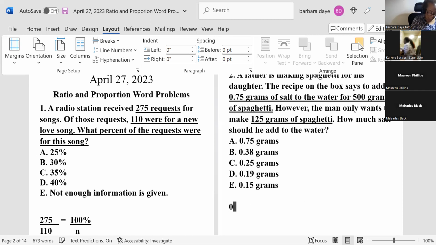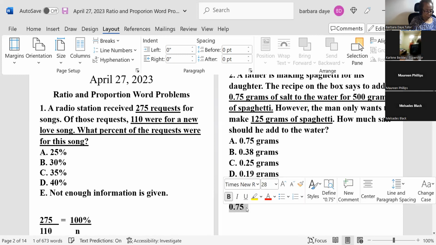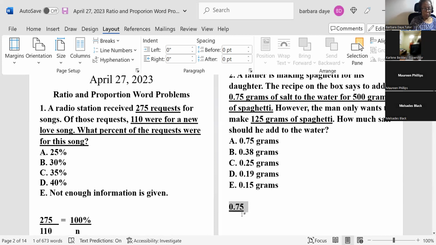Okay, so let me just put what you have. 0.075, and you said you put that over 500. That would be salt over spaghetti. Yeah. Okay, and let's put that over 500. Now, when you ask me about how you set it up, remember I said whichever way you set it up, you want to keep it in the same order.